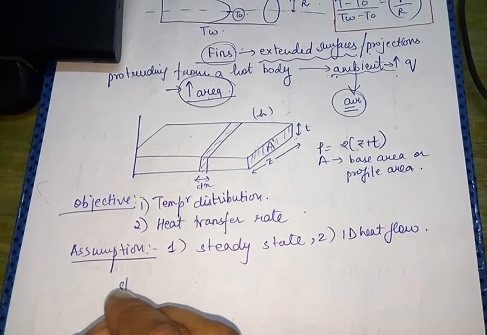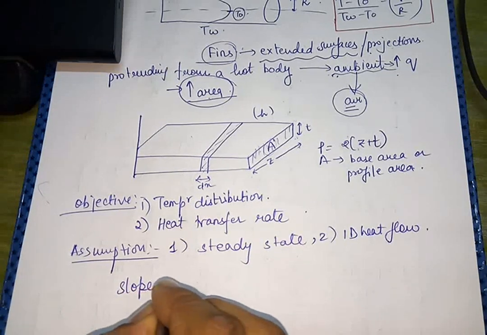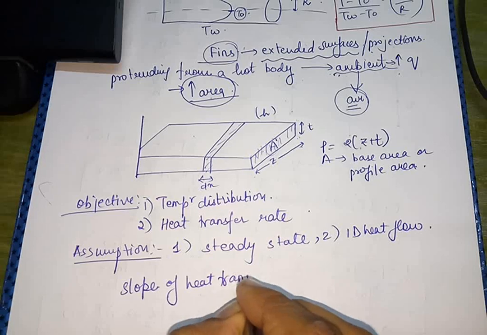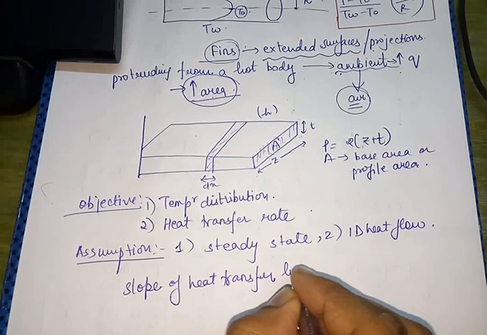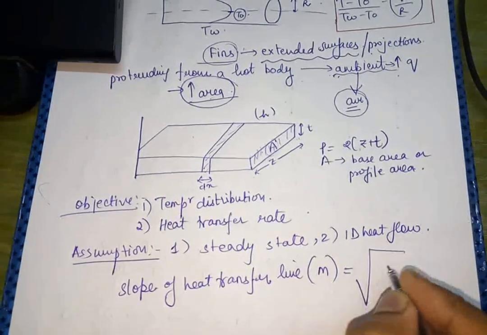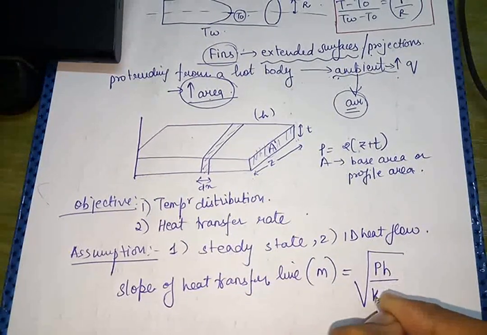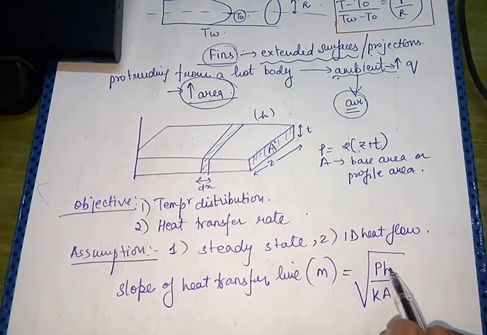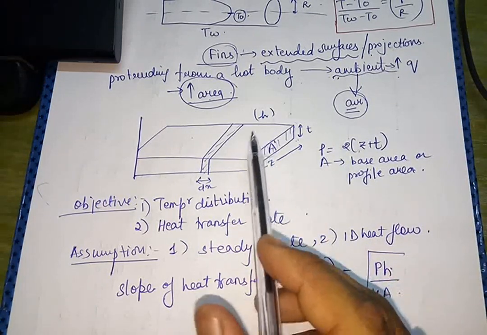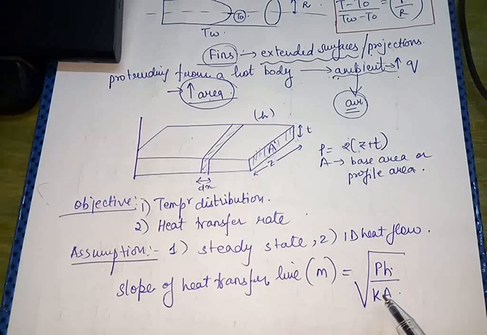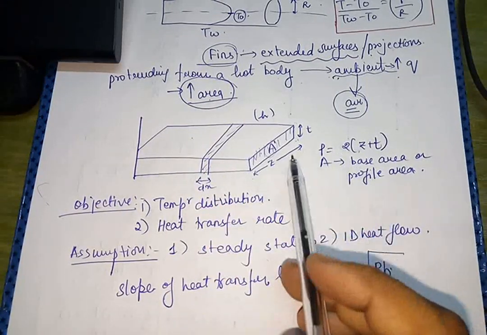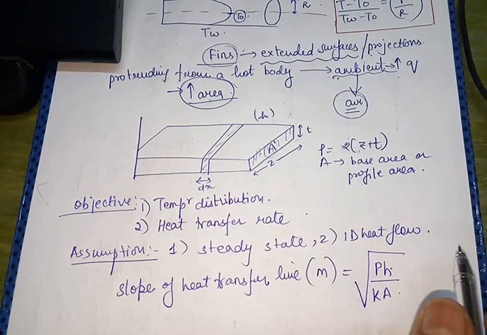Now if we discuss the slope of heat transfer line, it is represented by small m. It is equal to under root of hP upon kA. P is the perimeter, h is the convection heat transfer coefficient of the ambient, k is the thermal conductivity of this fin, A is the base area or the profile area.